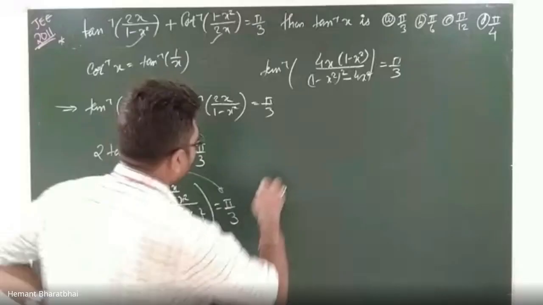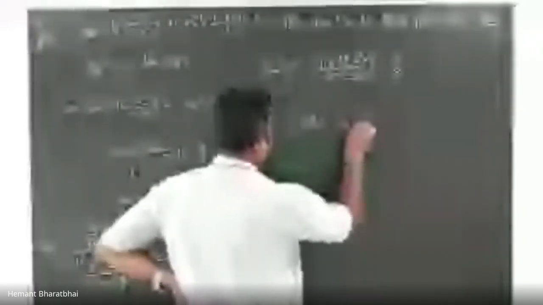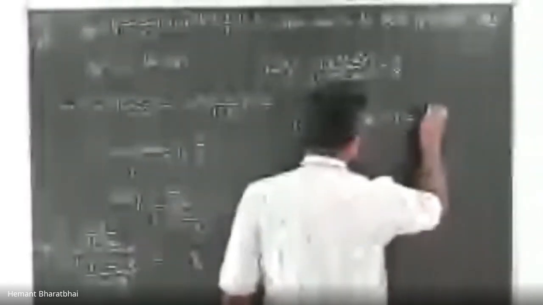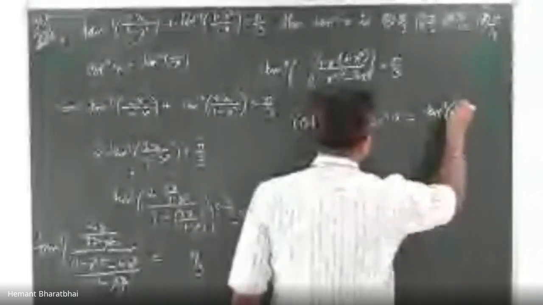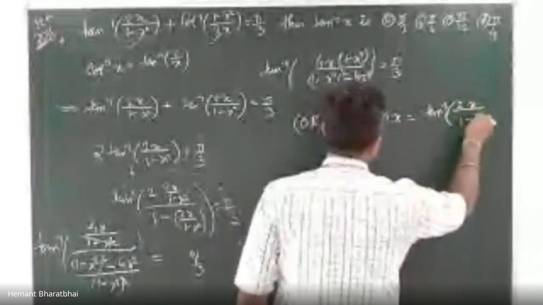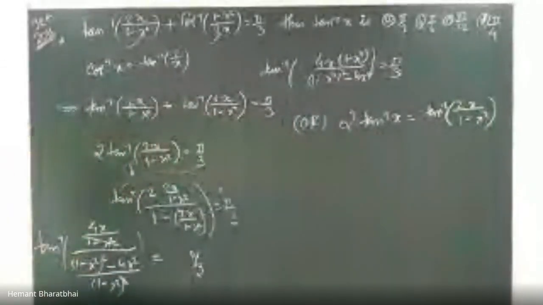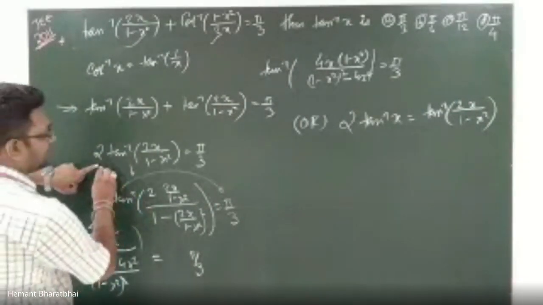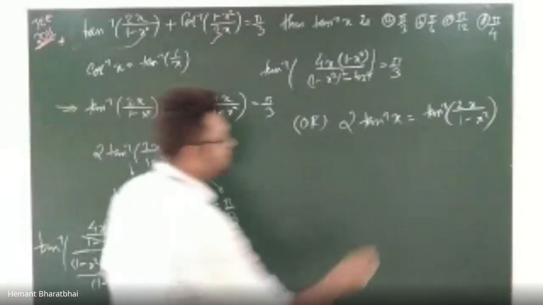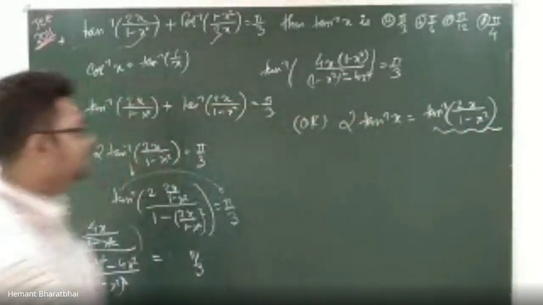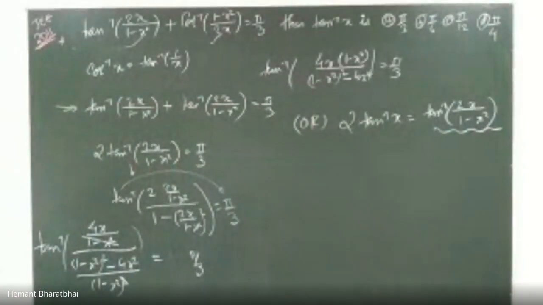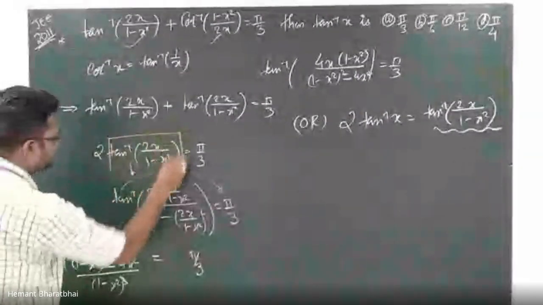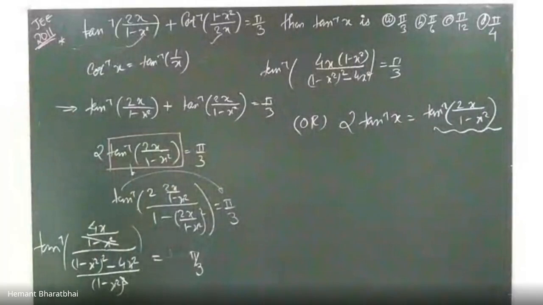Or we can do one more thing over here if it is getting complex. If we write the formula for 2 tan inverse of x, that is tan inverse of 2x upon 1 minus x square. So if we see over here, we are getting the similar term. We are getting this term over here also. If we don't apply this formula and consider only this much part, instead of this I can write 2 tan inverse of x.